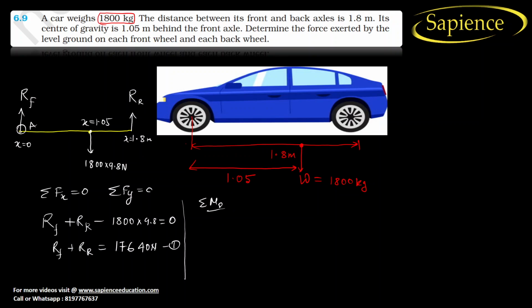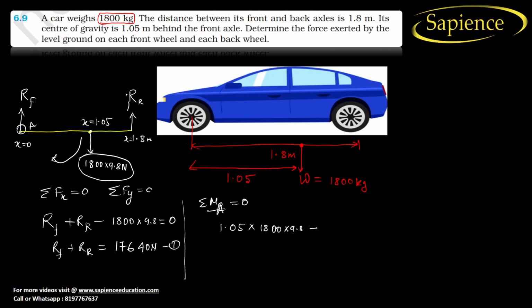So moment about A is equal to 0. If we consider moment about A equal to 0, we have to multiply the forces by their distances. The moment due to the weight is 1.05 into 1800 into 9.8 Newton, and this will try to move in this direction.